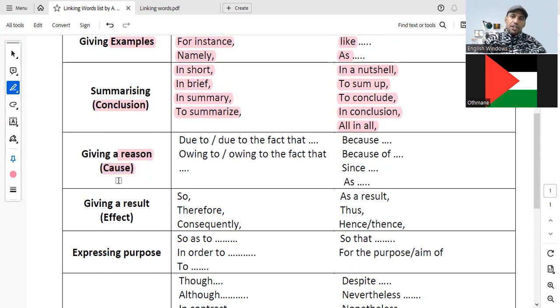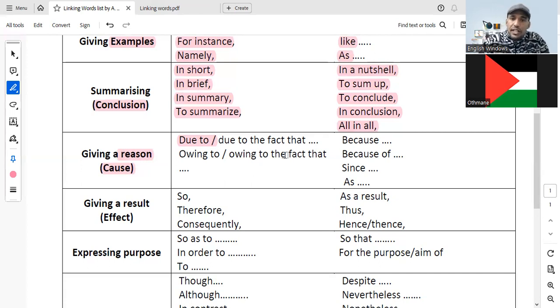Parce que, علاش, right? So we can use here due to, right? نظرا لي, وكنعطي السبب, right? Okay, we see here, for instance, the number of road accidents is increasing in Morocco due to the lack of, due to poor infrastructure, مثلا, right? نظرا للبنية التحتية السيئة, right?